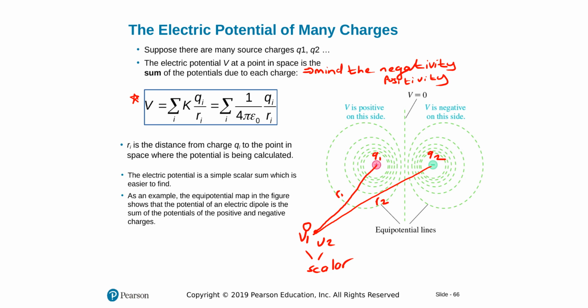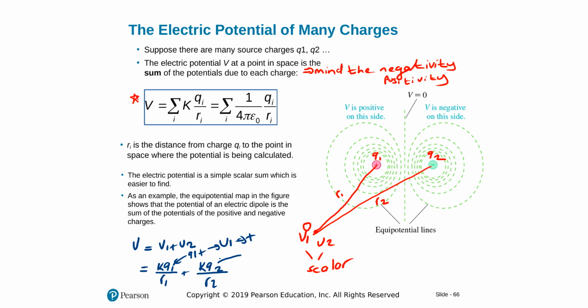Just add: V will be equal to V1 plus V2, but I have a negative charge here, so V2 will be negative. No absolute value here. We're going to put in all charges, and the sign of the charge will give us the sign of the potential. So K Q1 over R1 plus K Q2 over R2. Q1 is plus, so V1 is plus, positive.